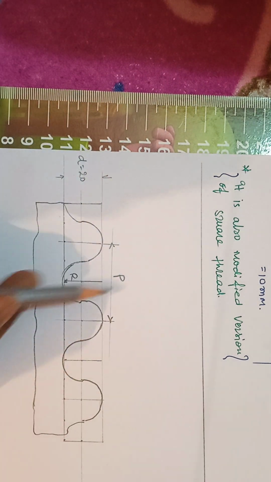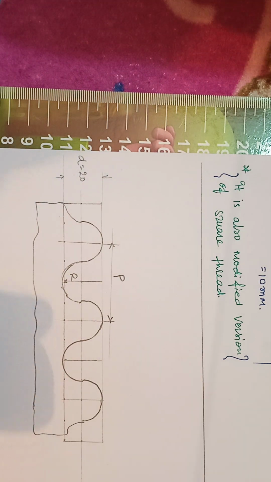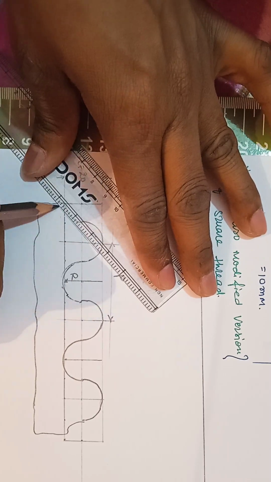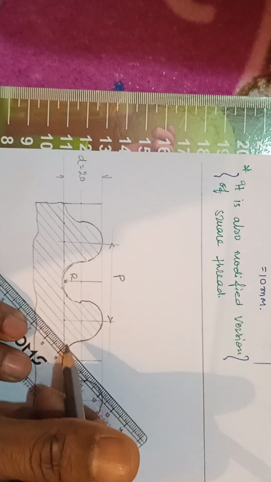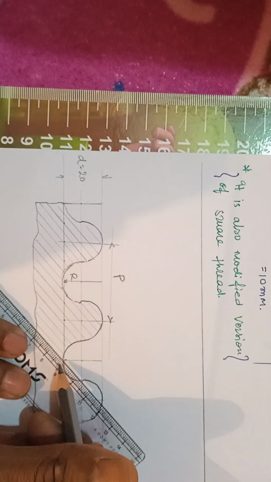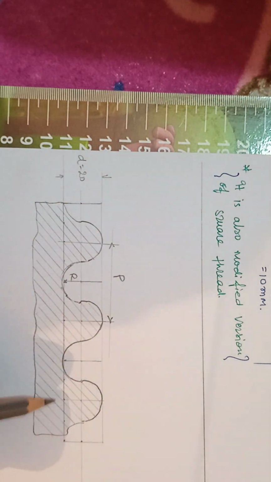This is d, this is p, this is r. These are the specifications. Now you have to do the hatching, so do the hatching over here. In this way our knuckle thread drawing is completed.